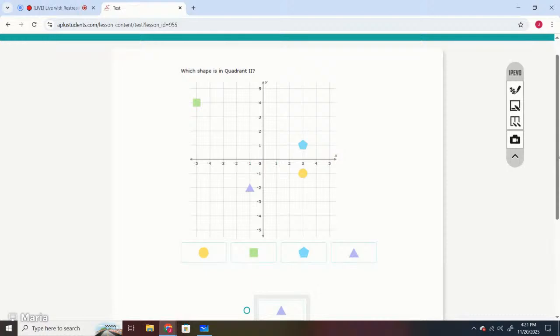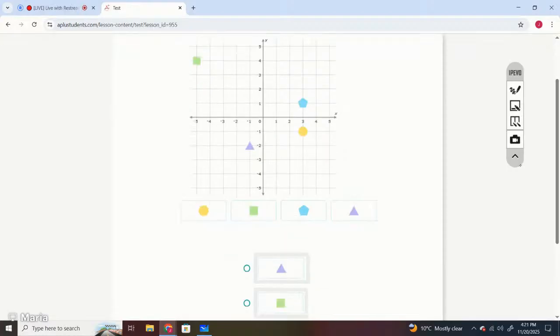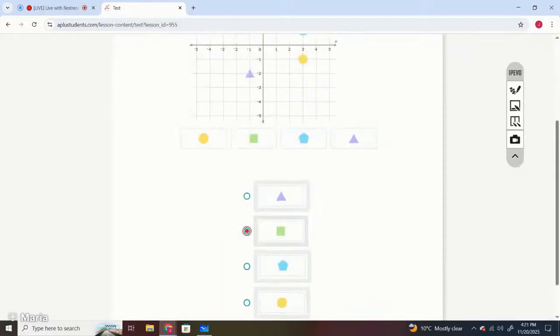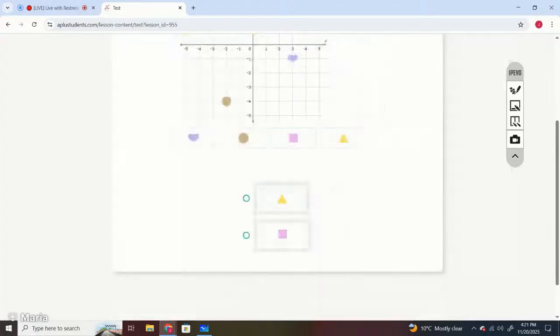Which shape is in quadrant 2? The second quadrant is a star. Option number 2 is the correct option.